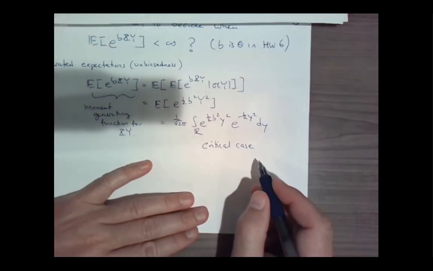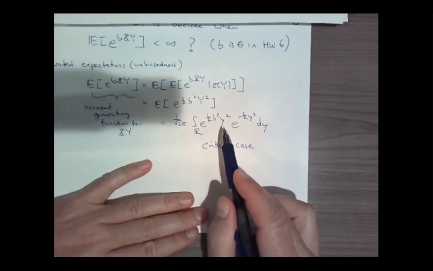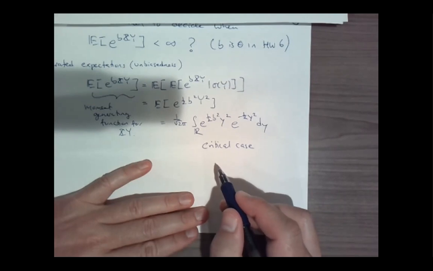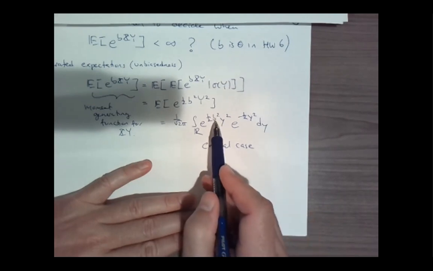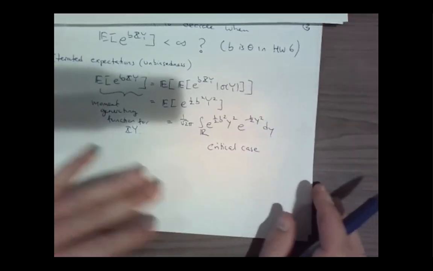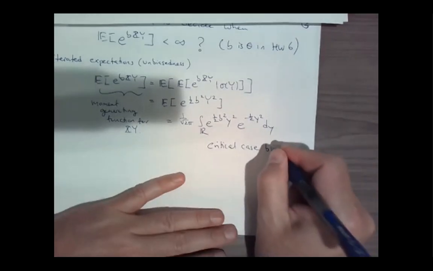I think once it's negative, it should be finite. But wait, b is never negative because it's a square. But b can be negative. No, b squared can't be. Yeah, b squared is not going to be negative. So there's something that is critical with b squared.